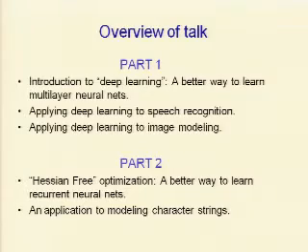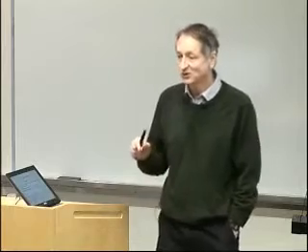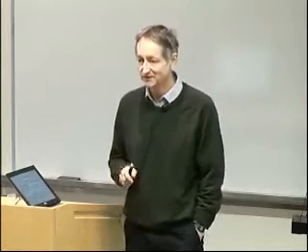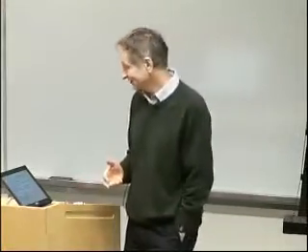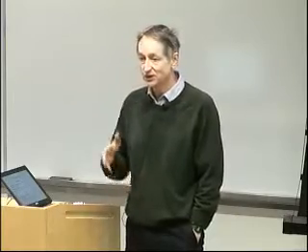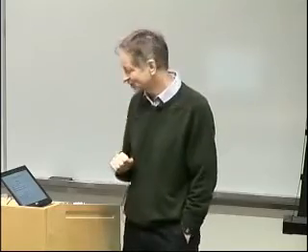I'm going to spend about a quarter of an hour explaining what deep learning is, and many of you here know this stuff already, so you should wake up after about a quarter of an hour. I'll then spend about a quarter of an hour describing how it's applied to speech, and about a quarter of an hour describing how it's applied to generating images that look like natural images, which nobody seems to be able to do.